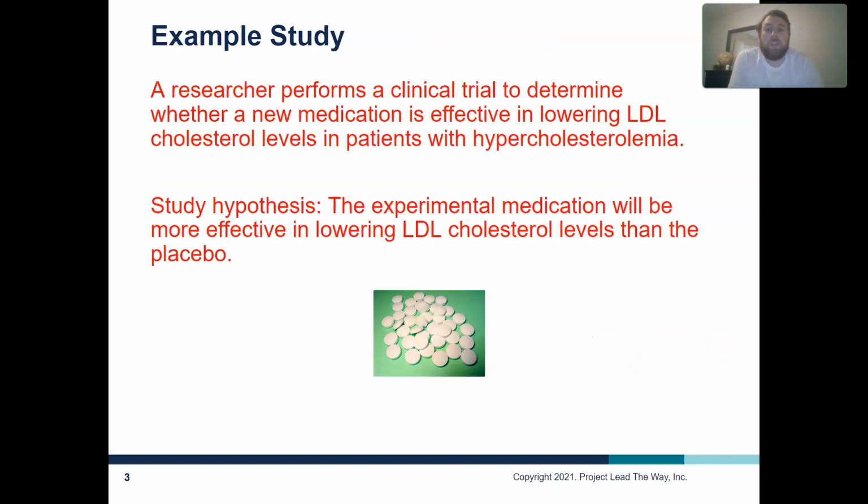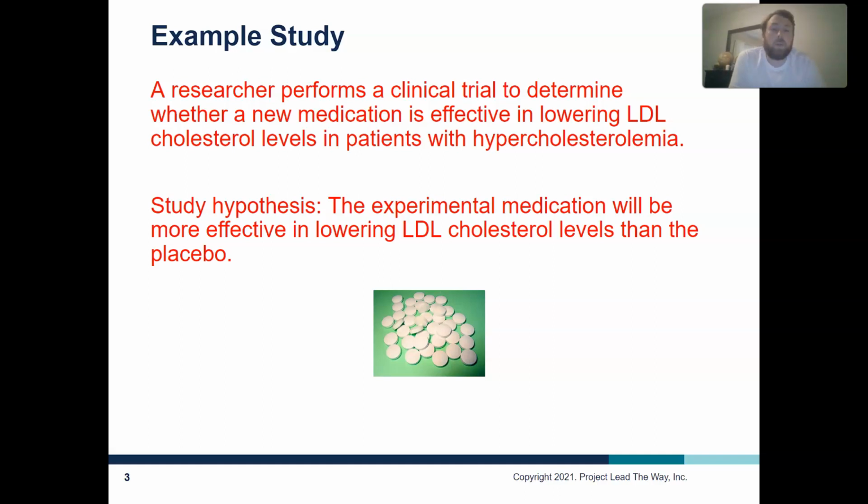So in this video, we have an example study that we'll use to go through this entire process of statistical analysis using a two sample t-test. And this particular sample is going to be done by a researcher performing a clinical trial. Clinical trials are really good for this two sample t-test because we are comparing people who get the medication and people who do not.